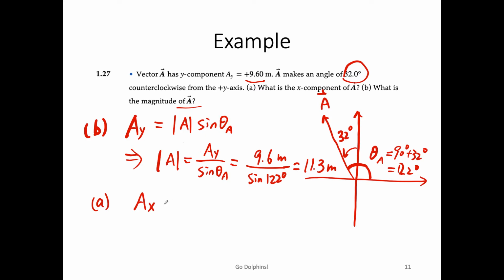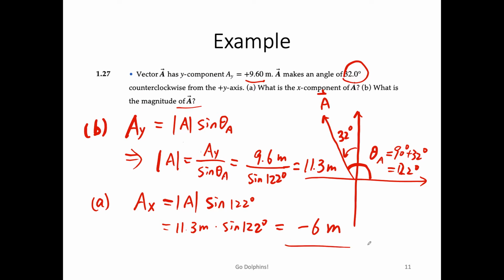How do we find the x component of the vector? We know the angle of this vector is 122 degrees, so Ax comes out to negative 6 meters.